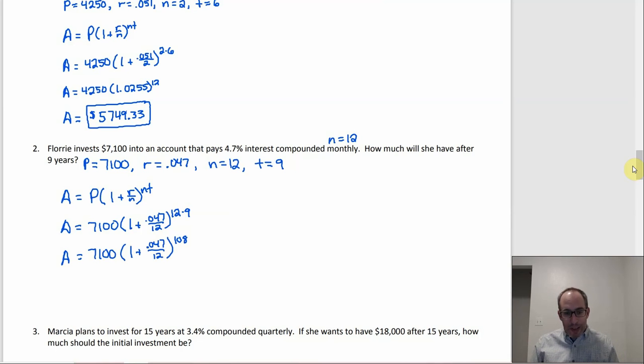And then whatever that is, have your calculator figure that out, then raise that to the power of 108, then multiply by 7,100. That's what I would do. And what you'll get here is, it's quite a bit, $10,829.44.